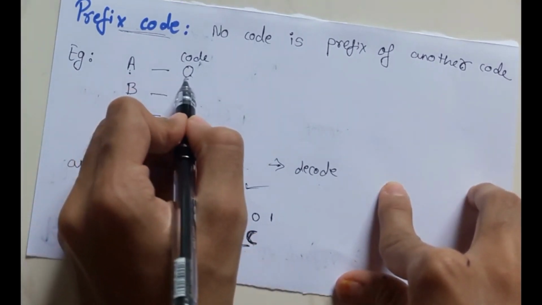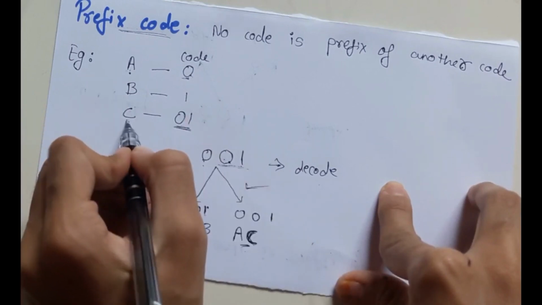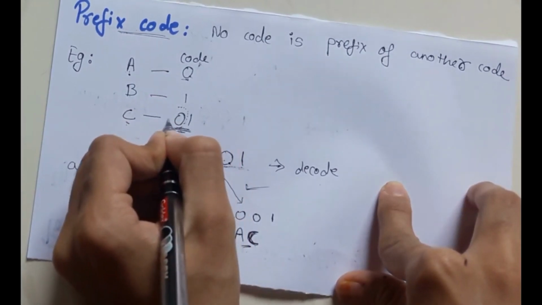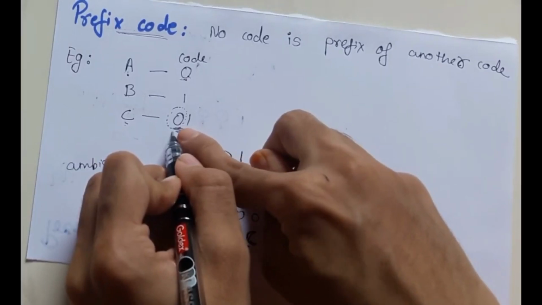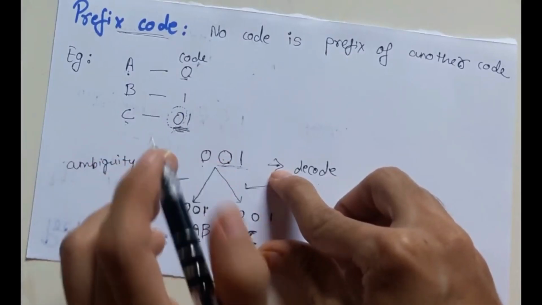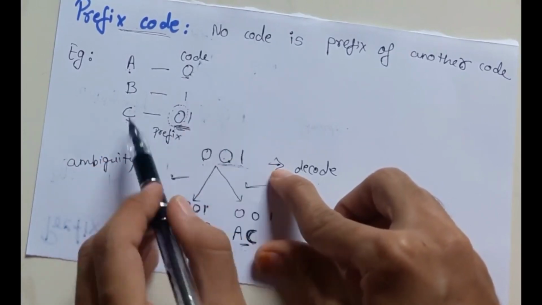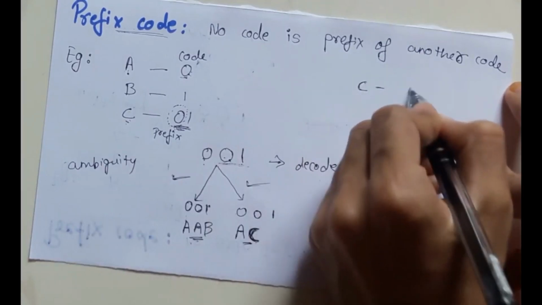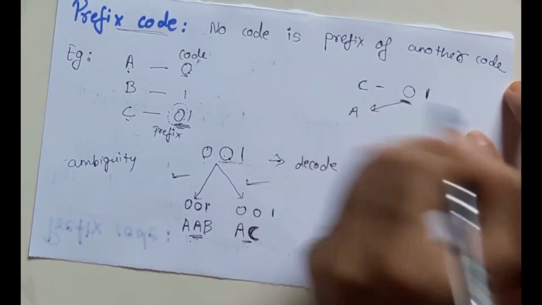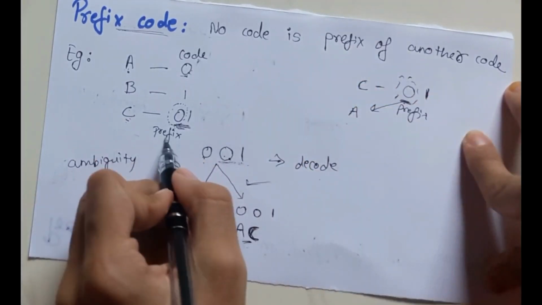Because this 0, the code of A, is a prefix of the code of C. Code of C is 01, and this 0 alone is the code for A. So we can call this 0 a prefix.